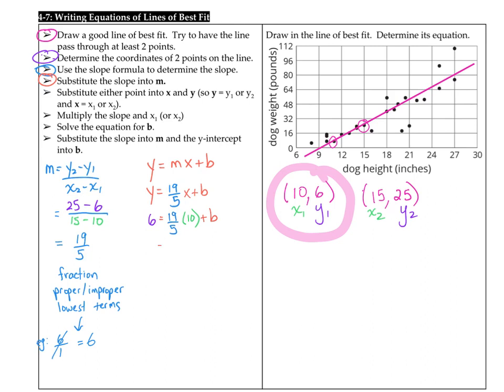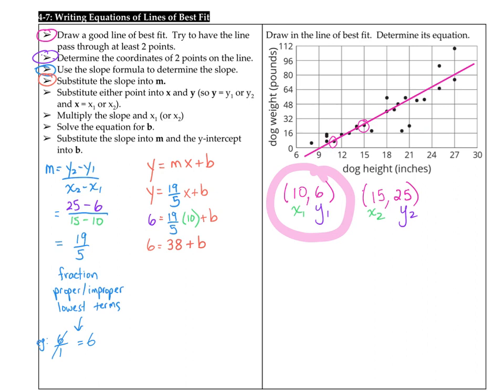And now when you multiply these two things, no decimals, so you might need to use your fraction button or your fraction skills. In this case, we can end up canceling out the denominator because 19 times 10 is 190, and then 190 divided by 5 is 38. So in that case, you don't end up with any bad decimals or bad fractions, but sometimes you might have to use your fraction skills.